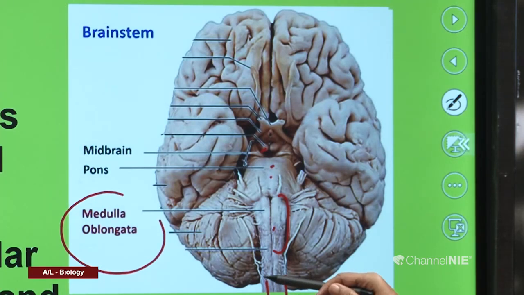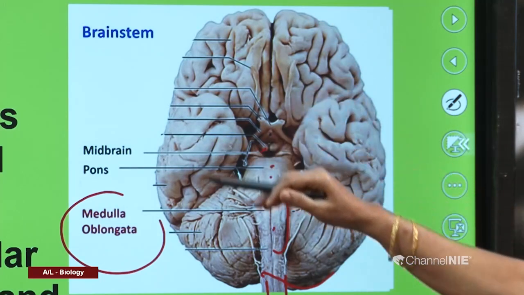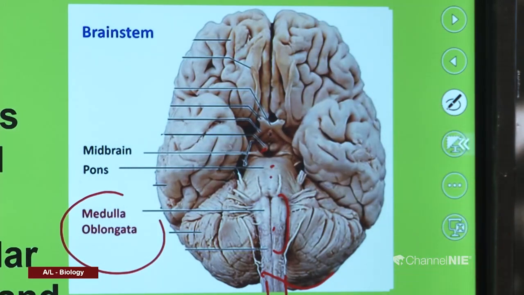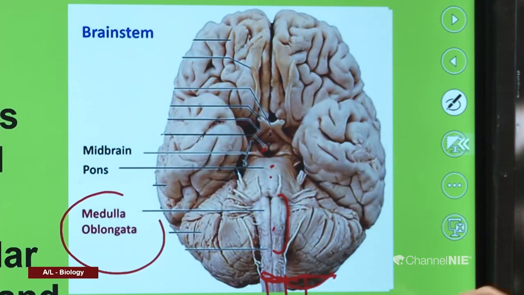Up to this region, it is completely present within the cranium. Beyond this region, it is present within the vertebral column. Did you understand, right?